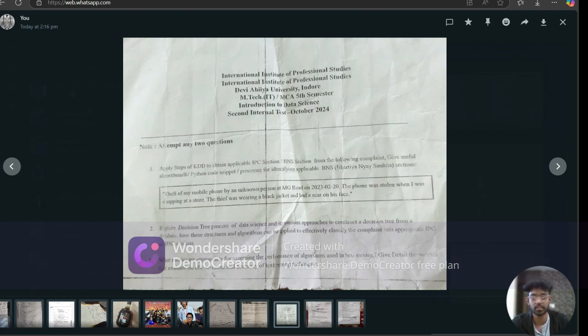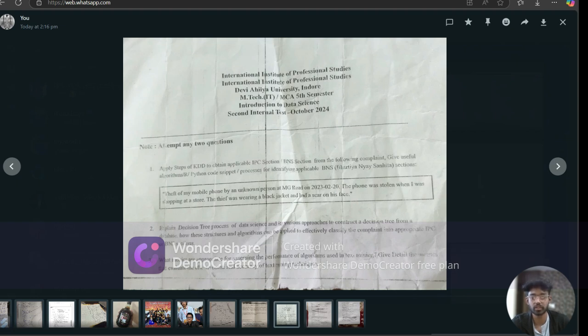Now, text classification. Use a machine learning algorithm such as a random forest classifier to classify the complaint text into a relevant BNS section. Now, post processing. Use the predicted BNS section to retrieve the relevant IPC section.